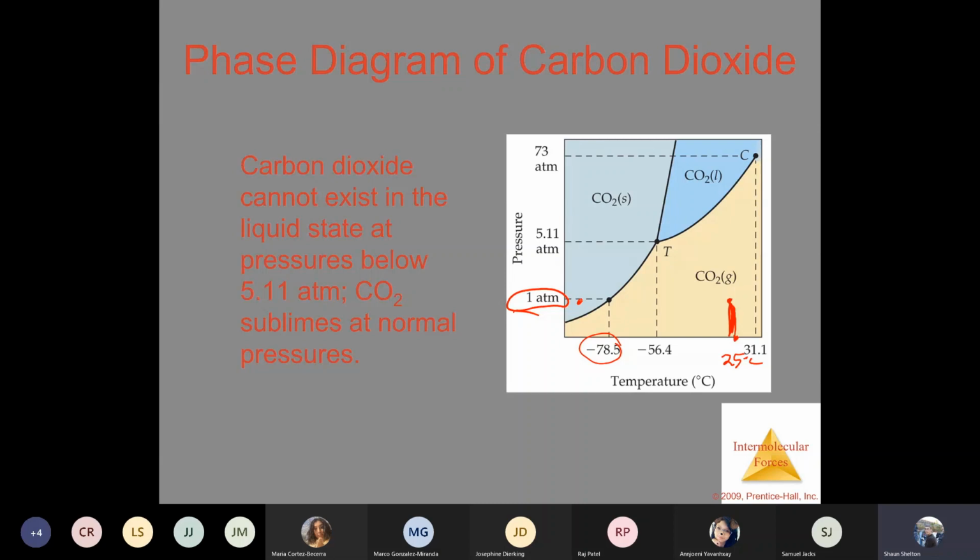So this represents your normal temperature roughly. So when it's in the freezer, the temperature is really cold. As soon as you take it out of the freezer, the temperature is going to go from, let's say, minus 80 to 25 degrees Celsius. So when you touch dry ice, really what you're touching, the temperature of that substance is minus 78.5 degrees Celsius.